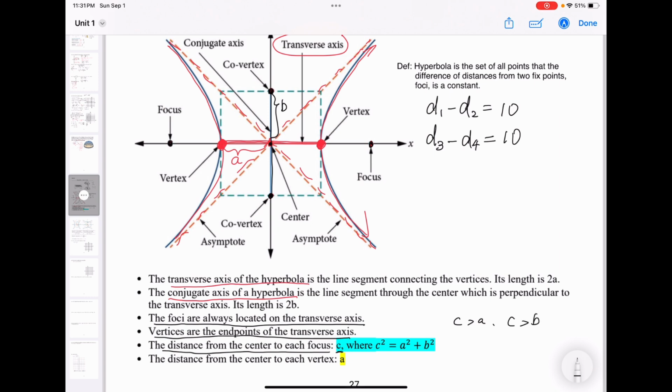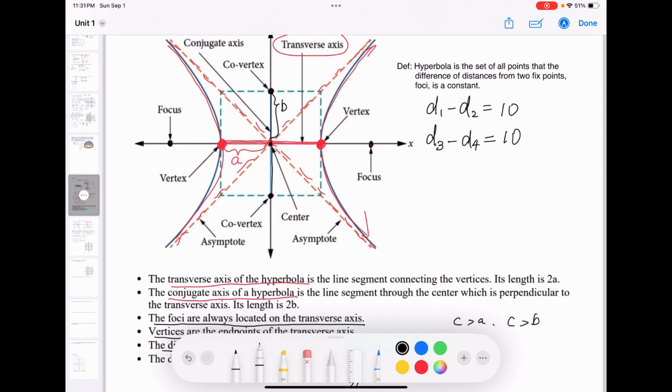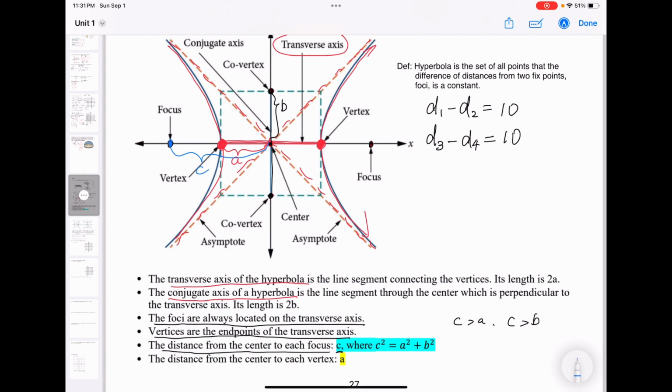From a focus to the center it is c. And the last one, the distance from the center to each vertex is a. We talked about this: from the vertex to the center is a.